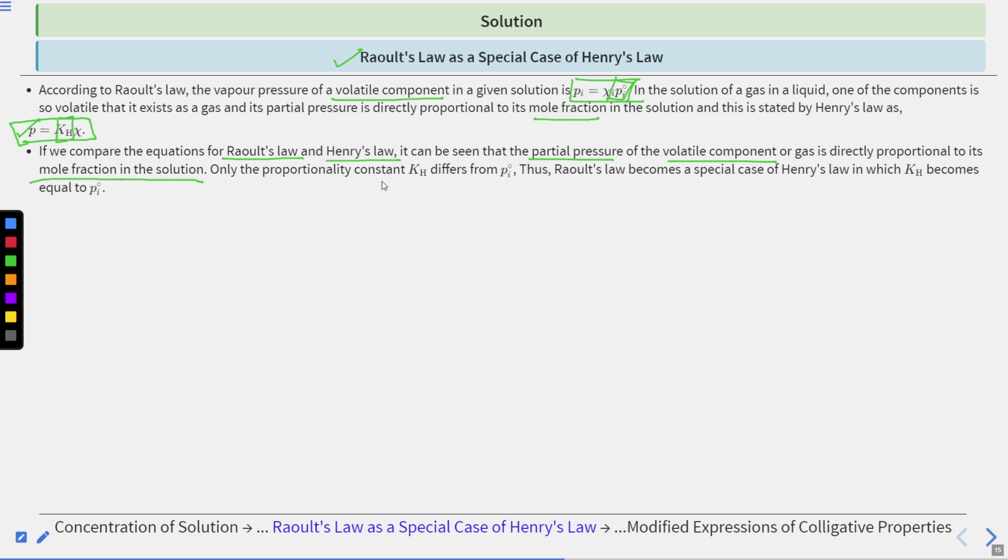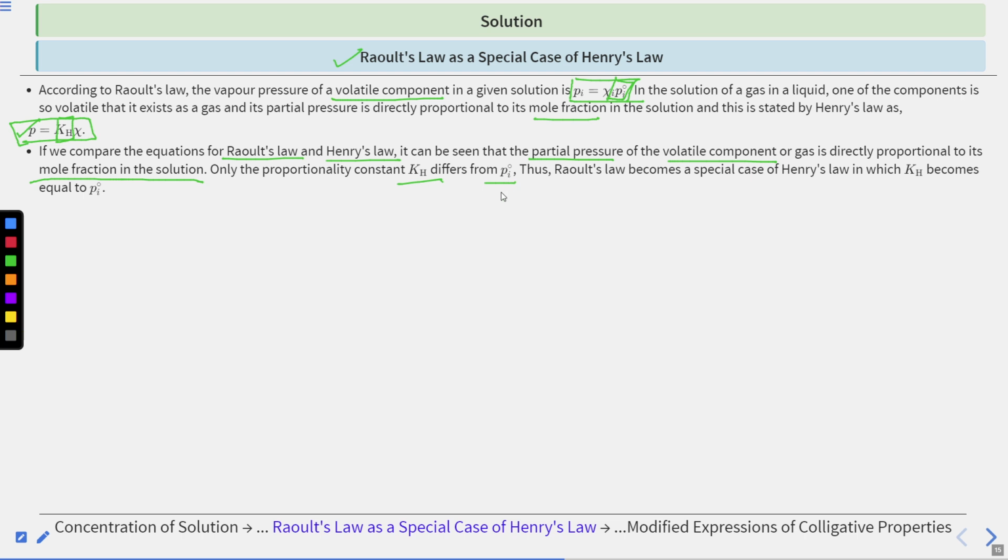So only the proportionality constant kh differs from pi naught.